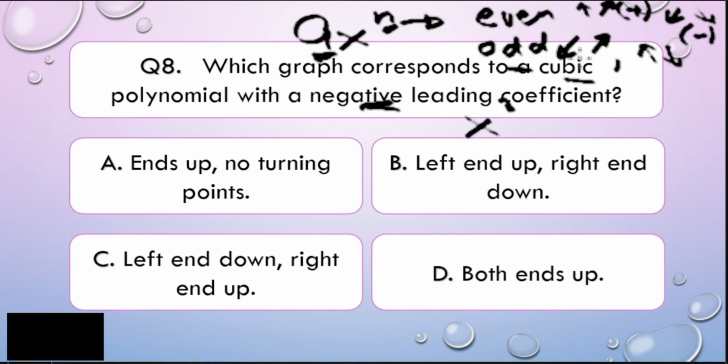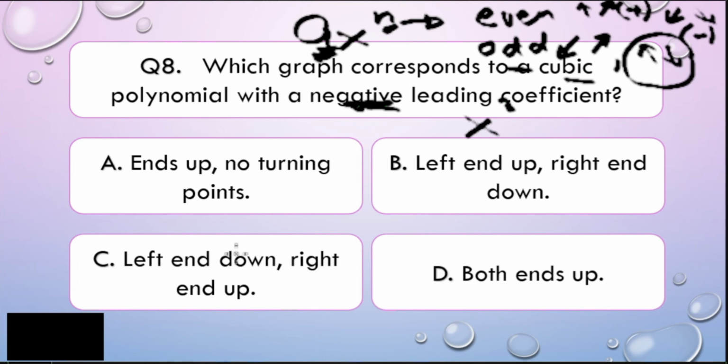When can you consider that this is increasing? That is if the value of a is positive. Otherwise, if it is negative like the question we have, this one will become your graph. So the left end is up and on the right it goes down.